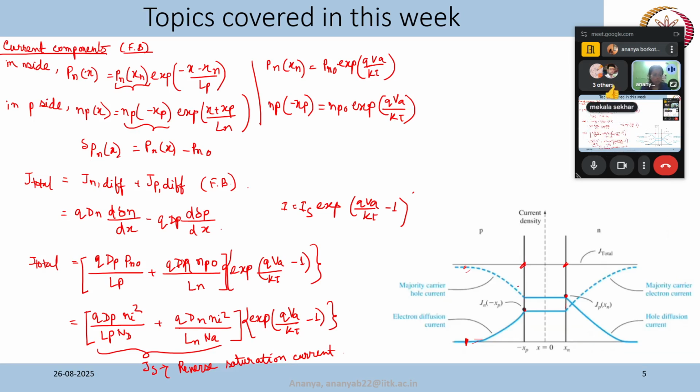I hope that you understand this concept. This is the basic fundamental concept of PN junction. We are considering everything near the depletion region, but we can calculate the total current density everywhere else, because current is continuous. This is the first thing we are considering, and that's how we are saying that our total current near the junction is same as everywhere.